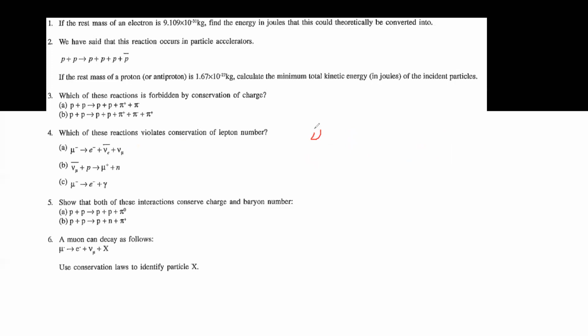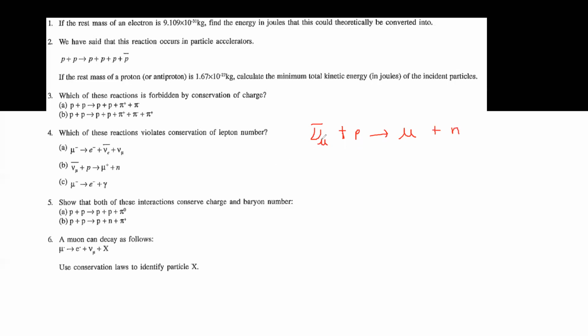Other one, you have muon anti-muon neutrino plus proton gives muon and neutron.